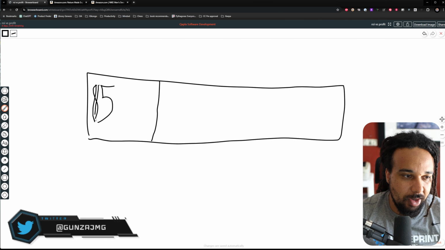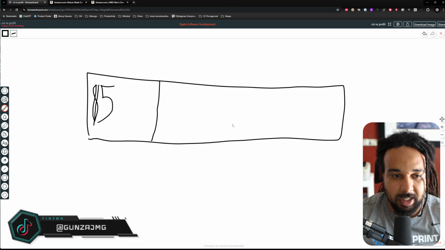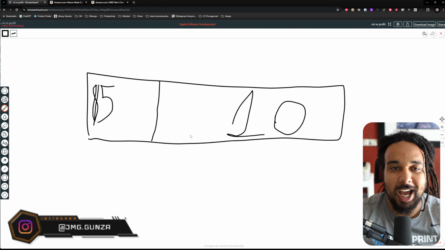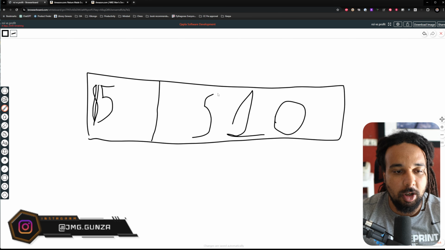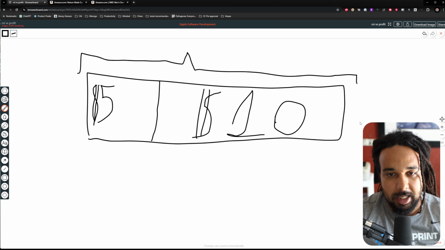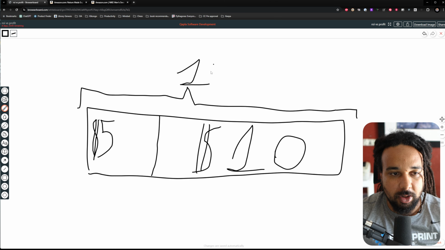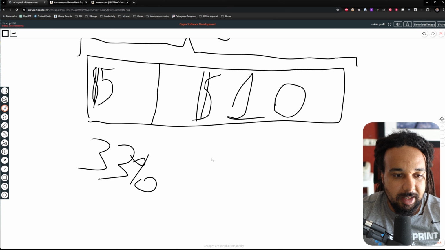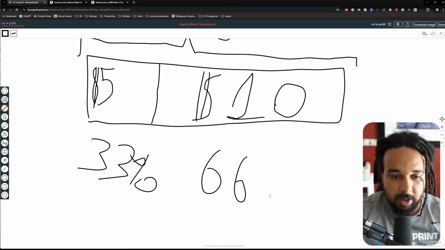And yes, once again, this is a work of art, and this is $10. Of course, proportions are not exact. Do not come in the comments, I don't give a fuck. So here we go, the whole sales price, this whole thing is $15. So this is 33%. This is 66%.